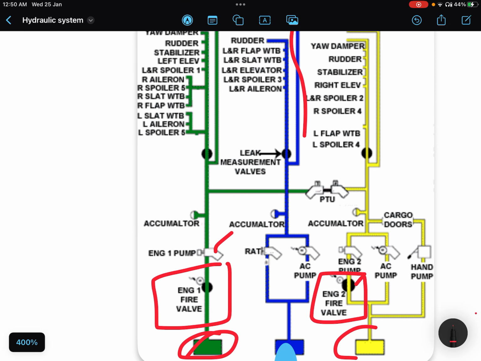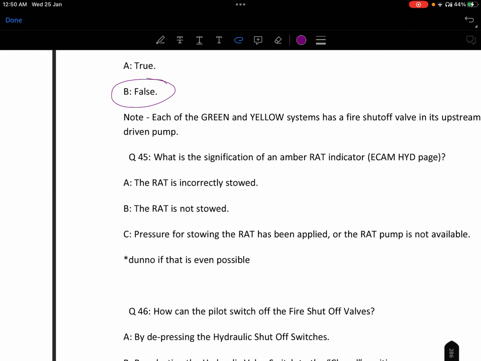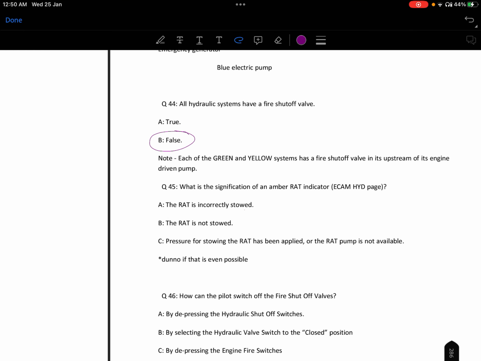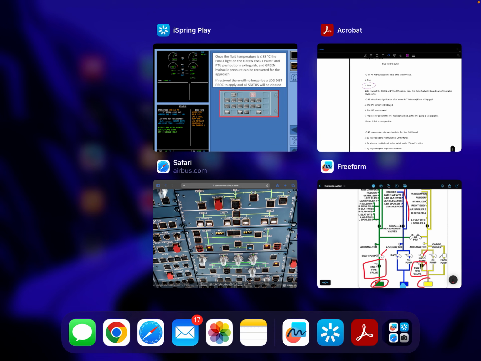I will show you again. No worries, we have fire shut-off valves in green and yellow system just before the engine driven pumps, right?